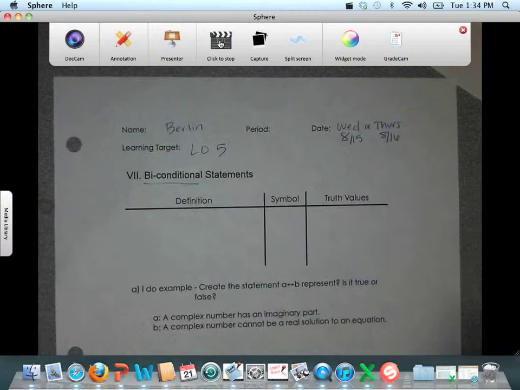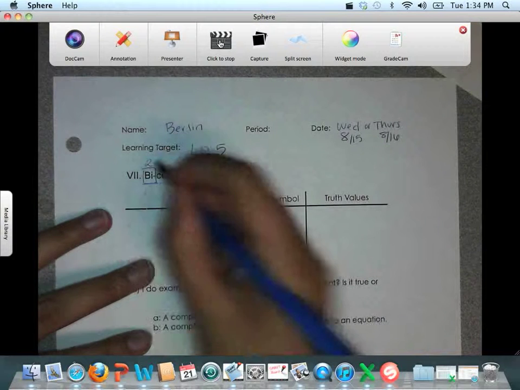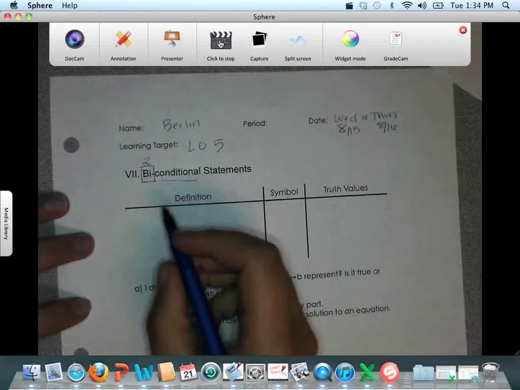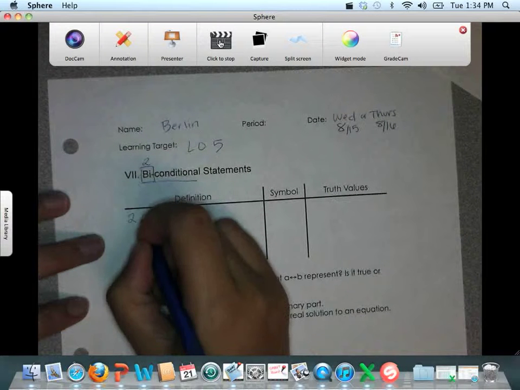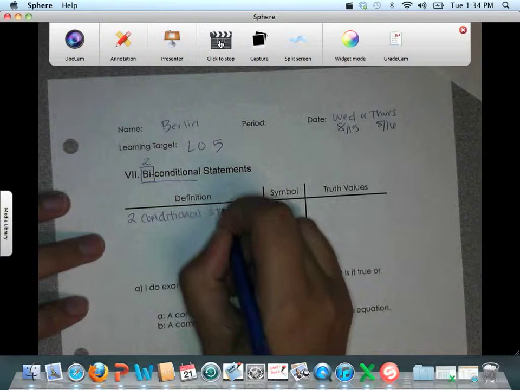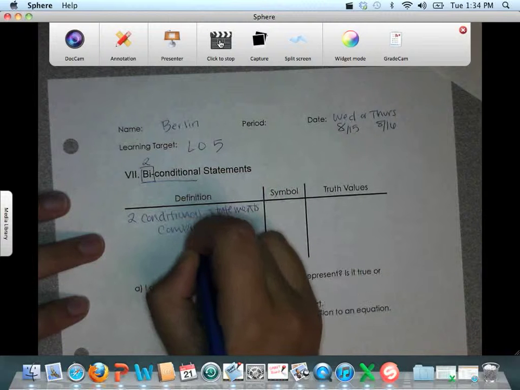All right, so biconditional statements. You should recognize this prefix: bi means two. A biconditional statement is taking two conditional statements and combining them.